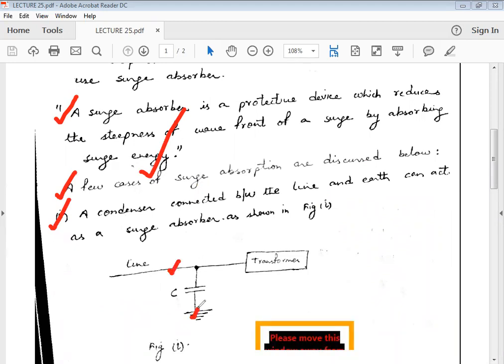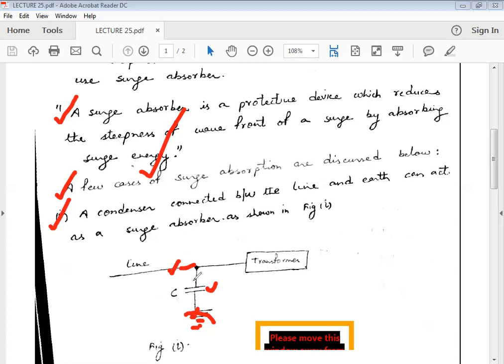In the first case, a condenser is connected between the line and the earth. The property of this capacitor is that during high frequency surges, it will act as a short circuit and provide a short circuit path to the high frequency current, and during normal supply frequency, it will act as an open circuit, so no current flows.